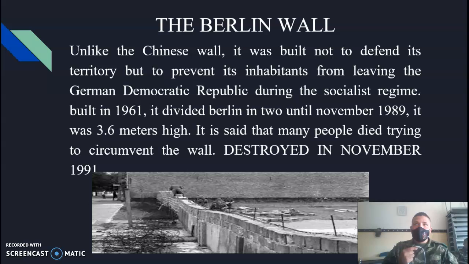Built in 1961, it divided Berlin until November 1989. It was 3.6 meters high. It is said that many people died trying to circumvent the wall, and it was destroyed in November of 1991.